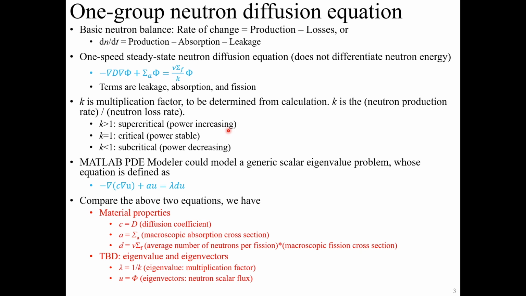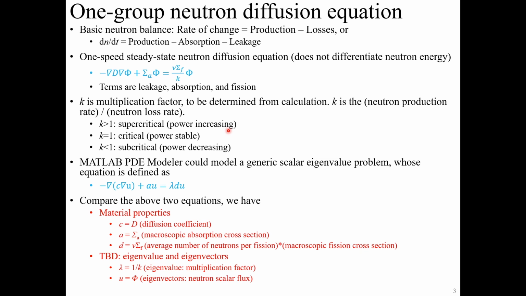If the K is higher than 1, the reactor is supercritical, and the power is increasing because you have more neutrons, and more neutrons are going to trigger more fissions, and eventually you have more power. If the K is equal to 1, then we can say the reactor is just critical, and the reactor power is stable.